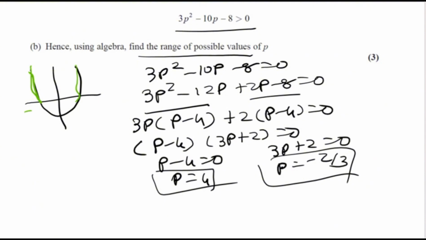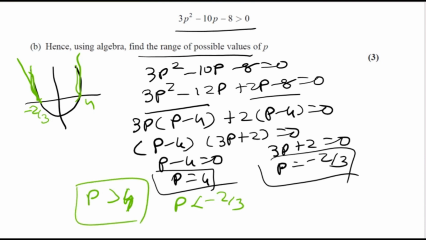Suppose this is my minus 2 over 3 value. This is my 4 value. So this part will give me p greater than 4. And this part will give me p less than minus 2 over 3. We are not writing the equal to sign because in the question it is not there. So this is the range for the required inequality.